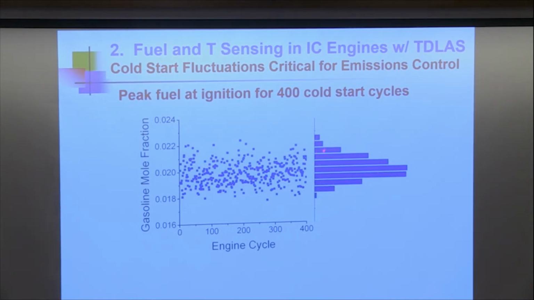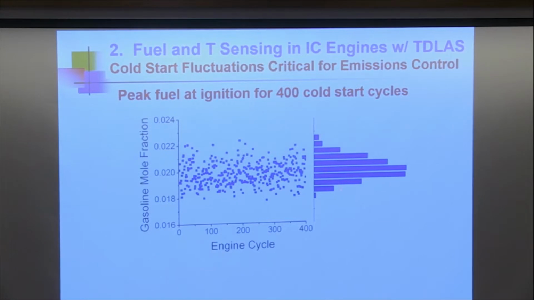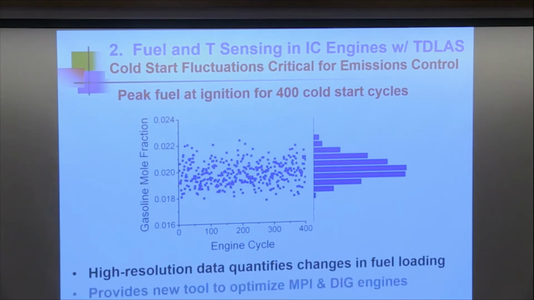And what's important is that the width of this region is narrow. So that was a big deal for them. That meant that their design was repetitive. It was not a wide fluctuation. So that was a new tool to characterize their injection designs for their fuel loading in the engine.